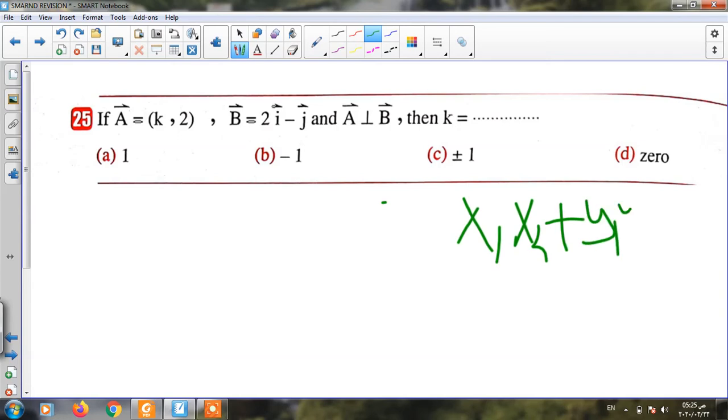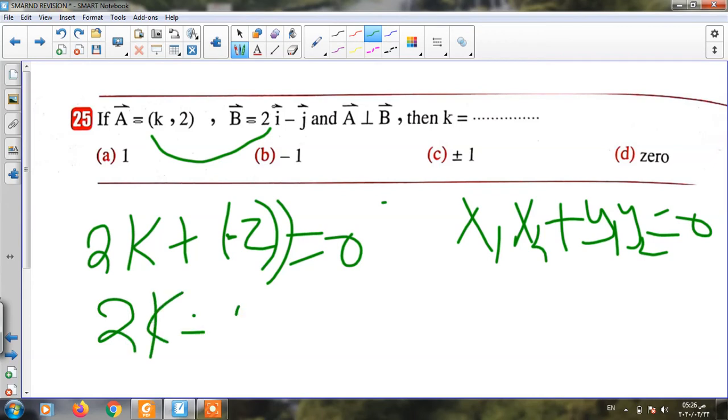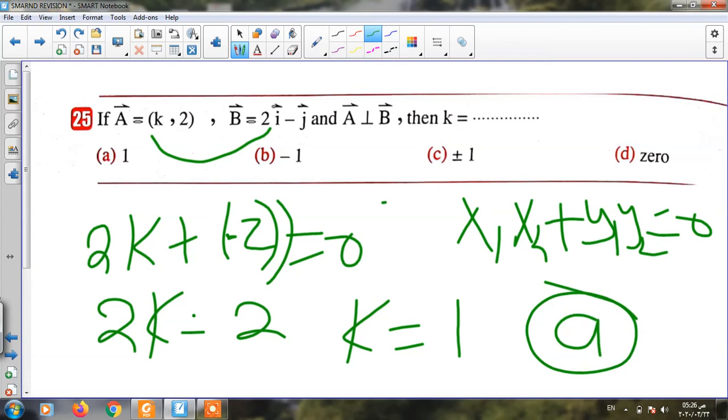We take x1 x2, which is 2k, plus y1 y2, which is negative 2, equals 0. So 2k equals 2, then k will be 1. It's choice number A. Sorry, the previous one was about the parallel. If you took the first and the last, it will be in the parallel.